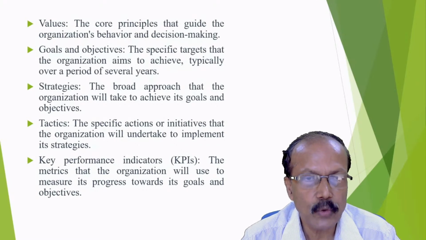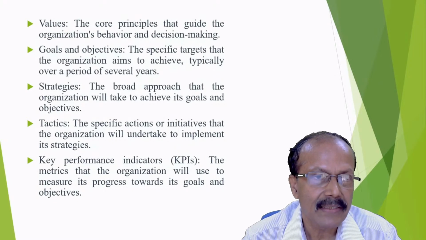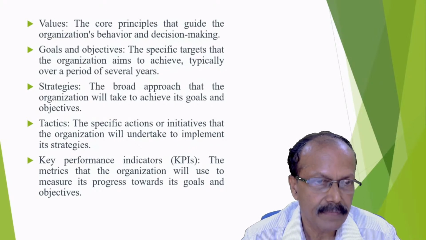Because the company not only is sorting out the present situation, but also carefully planning the future. The strategies are the broad approach that the organization will take to achieve its goals and objectives.